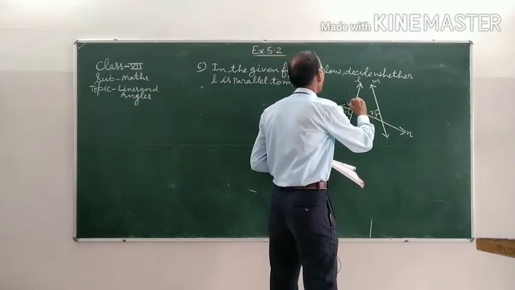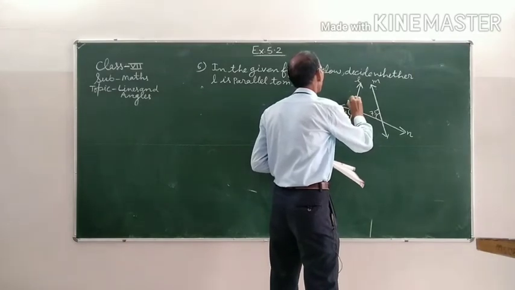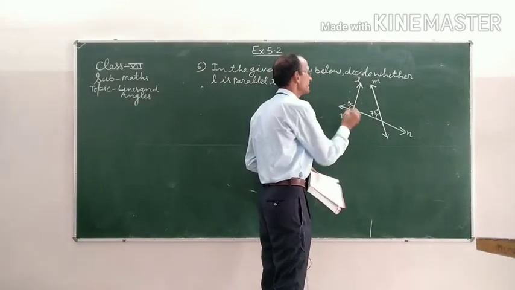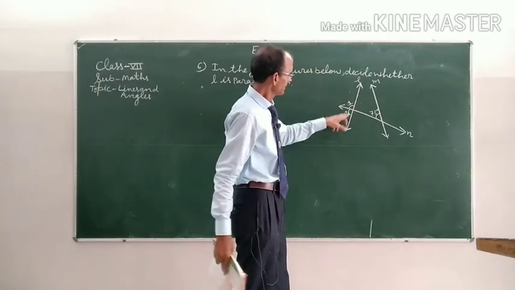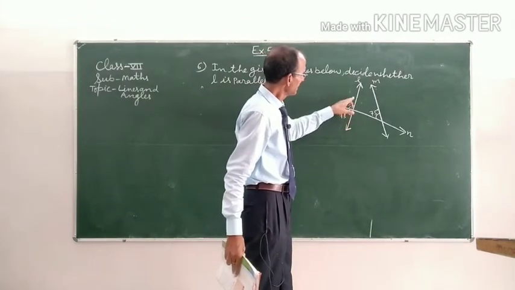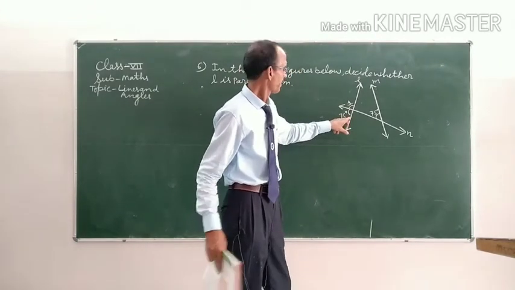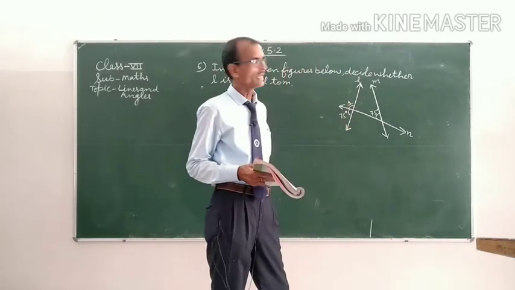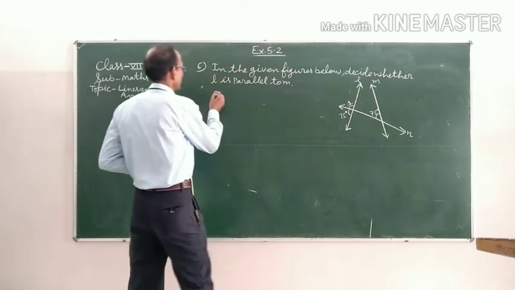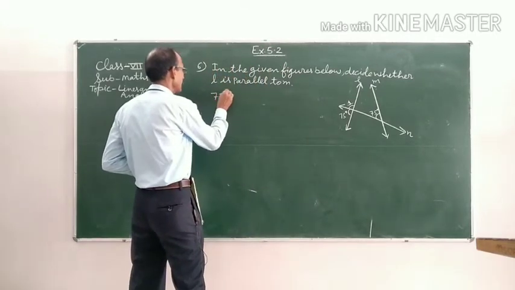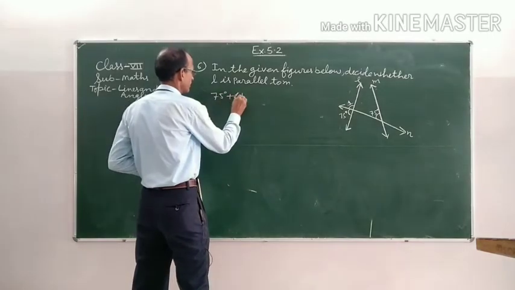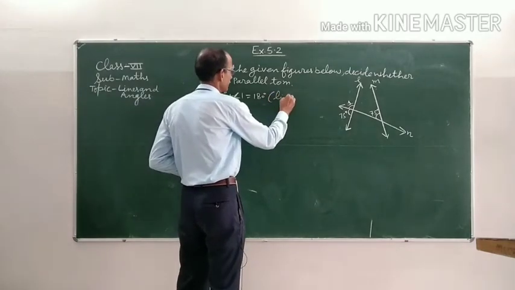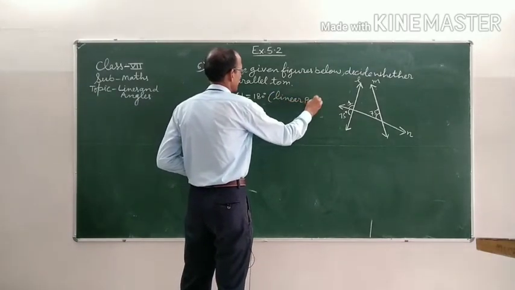Let this angle be 1, angle 1 and angle of 75 degree. Which types of angles are these? These are linear pair angles, and the sum of linear pair angles is always 180 degree. 75 degree plus angle 1 is equal to 180 degree, because these are linear pair angles.